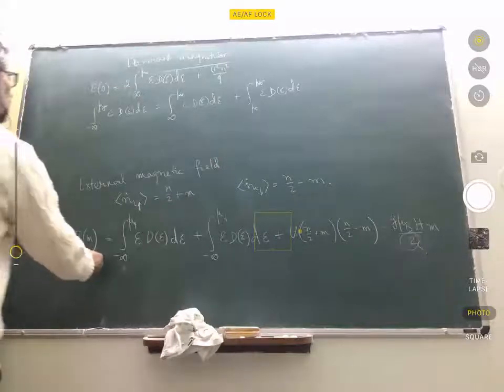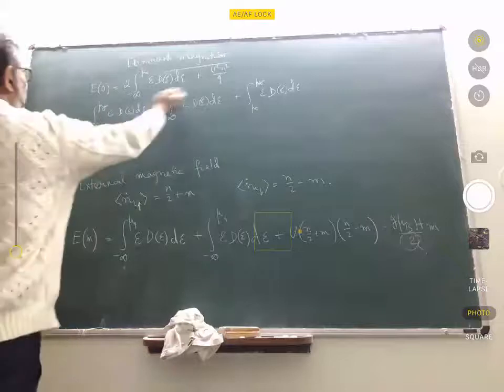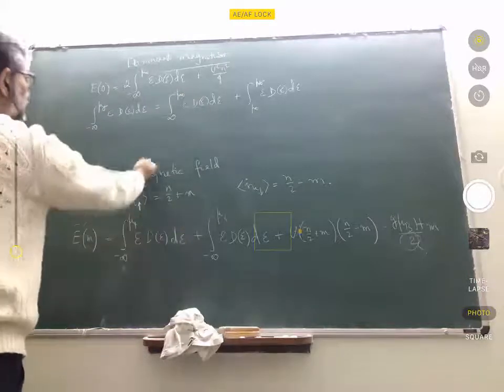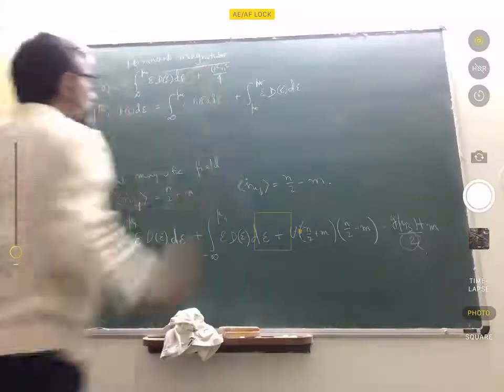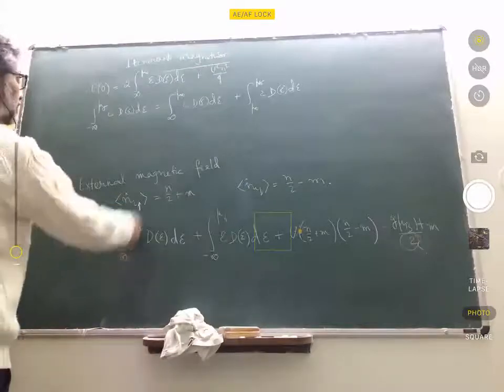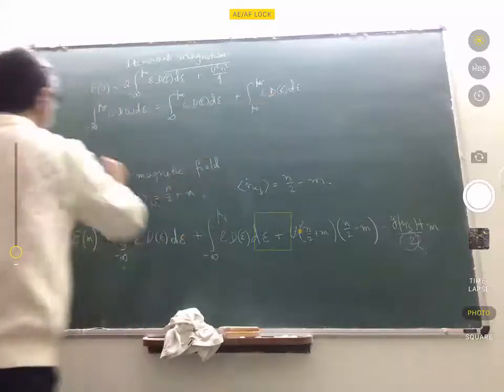Okay, so this is the expression for EM. This is the expression for E0. And I have decided to break these integrals into two parts, from minus infinity to mu naught and from mu naught to mu sigma. So when you take the difference, the integrals from minus infinity to mu naught would cancel, and you'll be left with only this part.